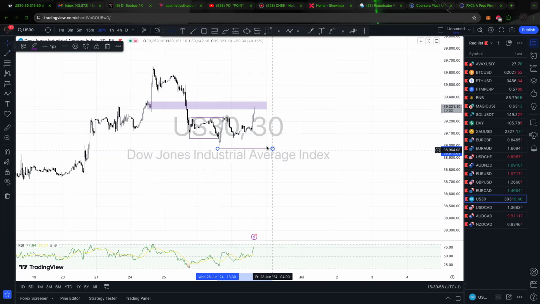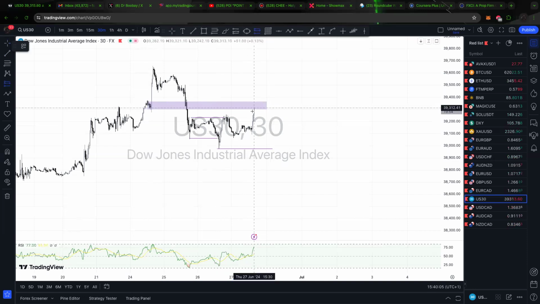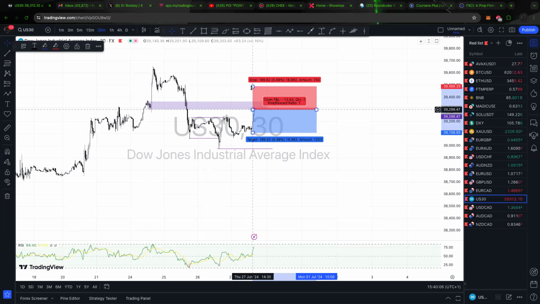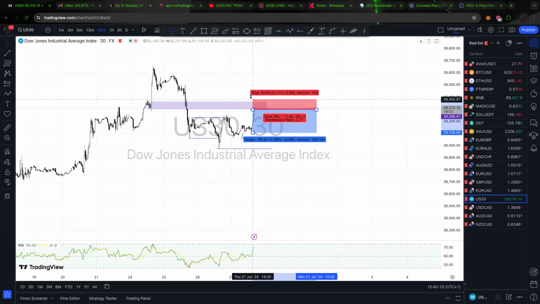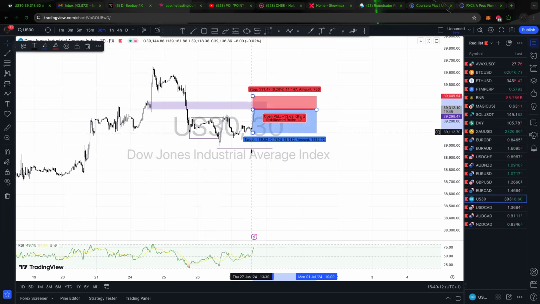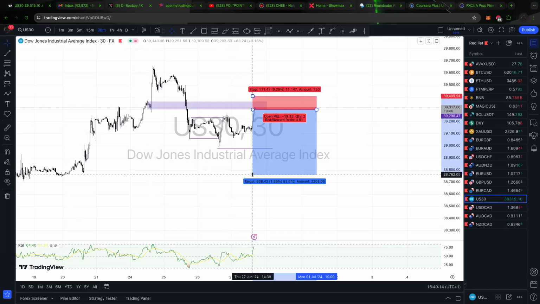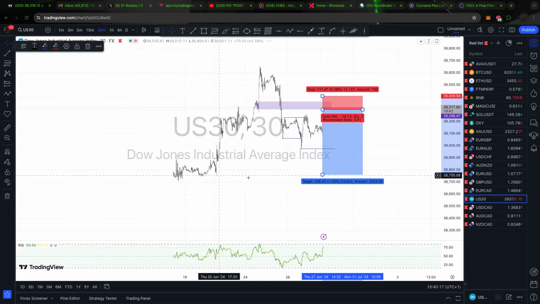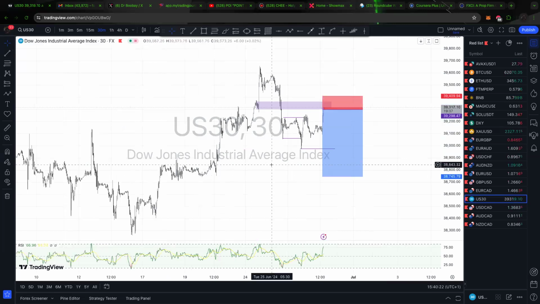I actually wanted price to come back and break the structure before coming here. But as soon as it didn't break down and started going up, I went to reduce my lot size because it's now a low probability trade. My entry is just here, it actually just triggered, and I'm targeting this low for my TP. If it eventually goes my way, good, and if it doesn't, still good.